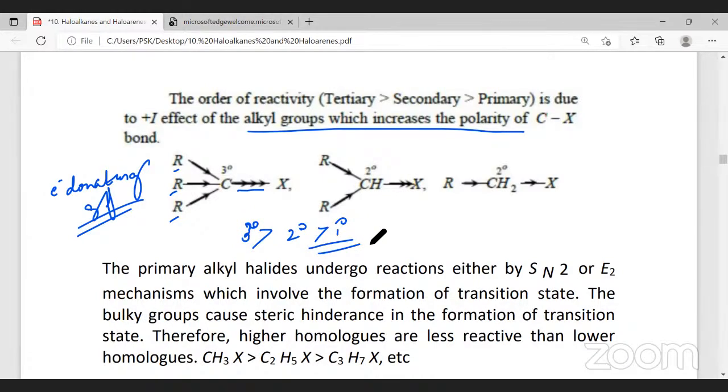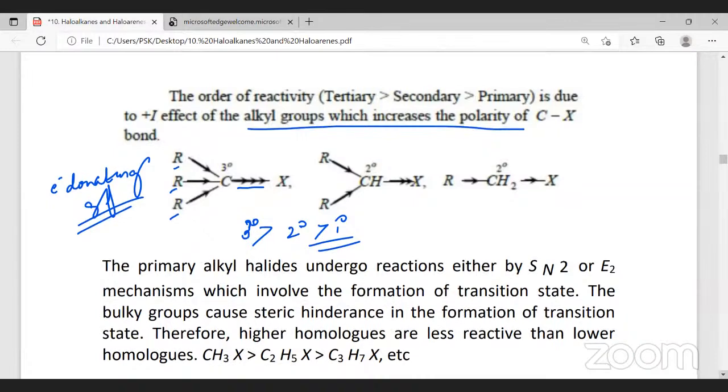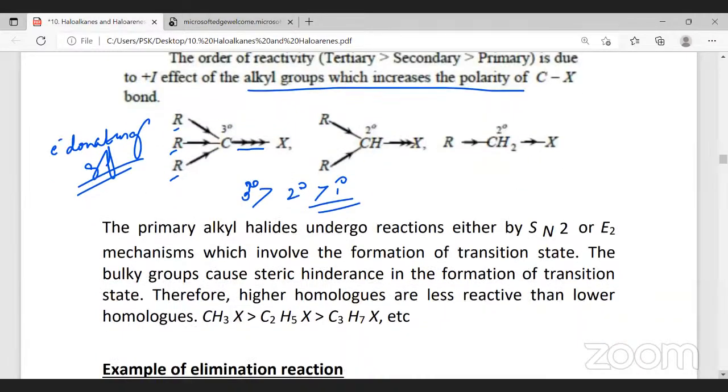Now, primary alkyl halides undergo either SN2 or E2 mechanism. I told you what is E2 mechanism. In E2 mechanism, base directly attacks the alkyl halide, goes into the transition state and finally forms an alkene. Now, you should know what is a primary alkyl halide.